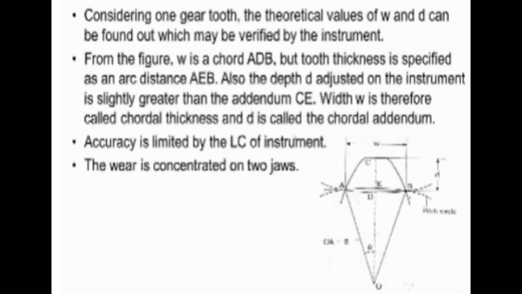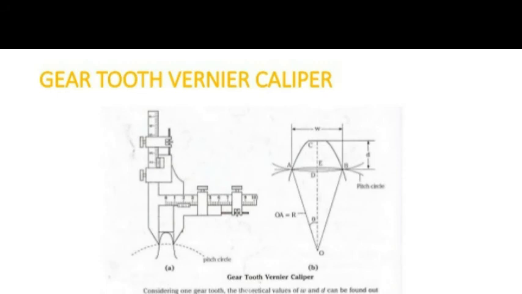But this W is a chord, ADB is the chord, whereas the tooth thickness is specified as an arc distance AEB. So we have capital A, capital E and capital B, and AEB is the arc on the pitch circle. The tooth thickness is specified as the arc distance AEB.